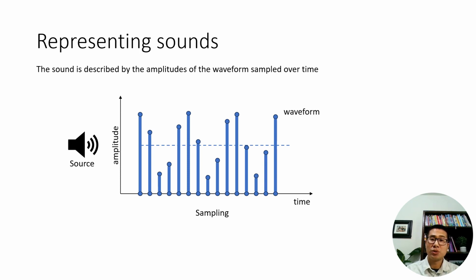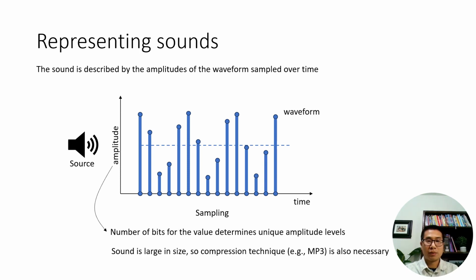Specifically, we're going to use a number for the amplitude, and again, the number is represented in terms of bits. So the number of bits for the amplitude values determines the amplitude resolution, or the quality of the sound that we can describe.